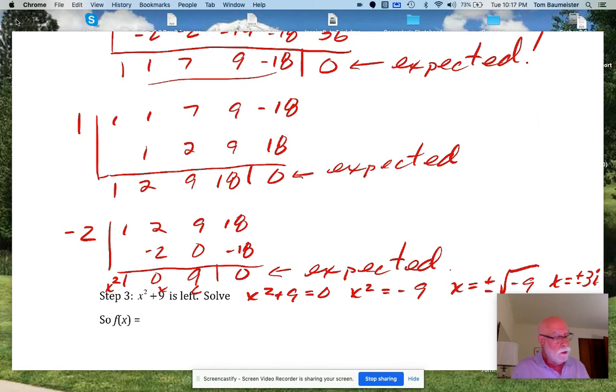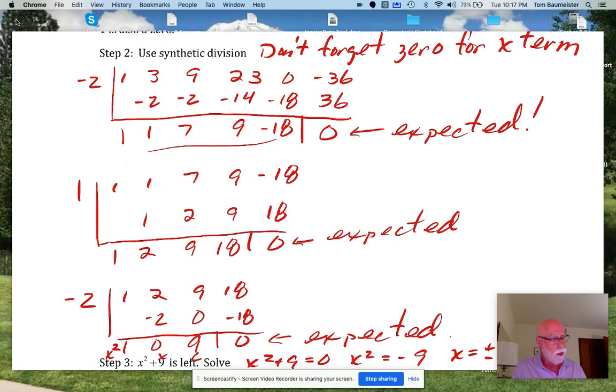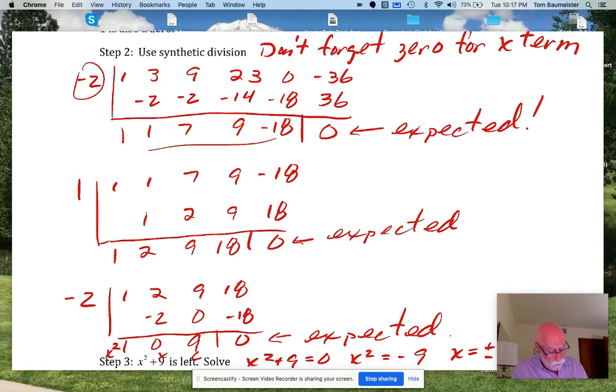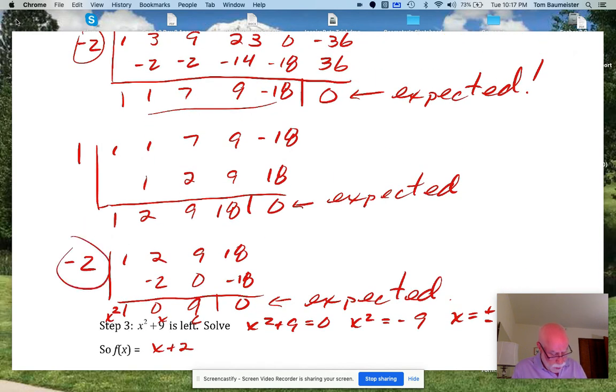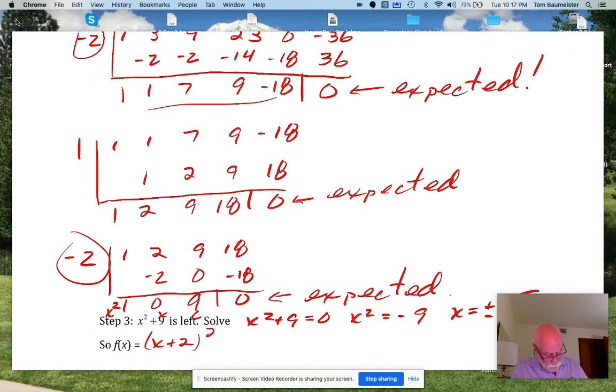So f of x, here's how we broke it up. Remember, this will be x plus 2. And since there's 2 of them, that tells us we have a multiplicity of 2. We could write it as that. And then we have our x minus 1. Then we have our x plus 3i.